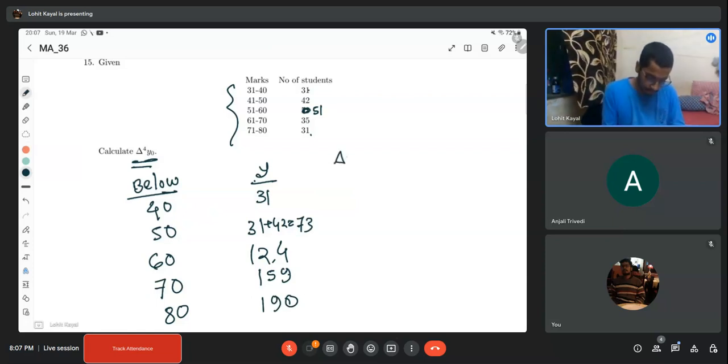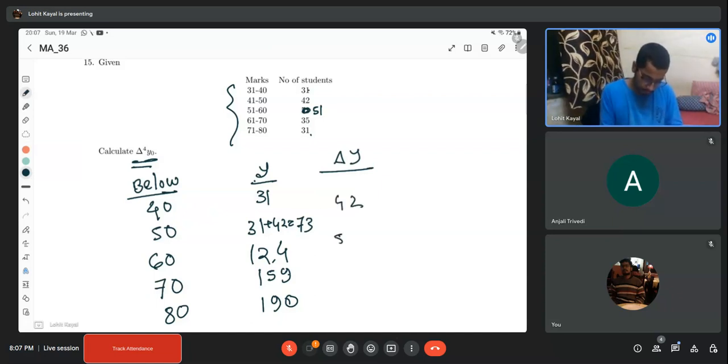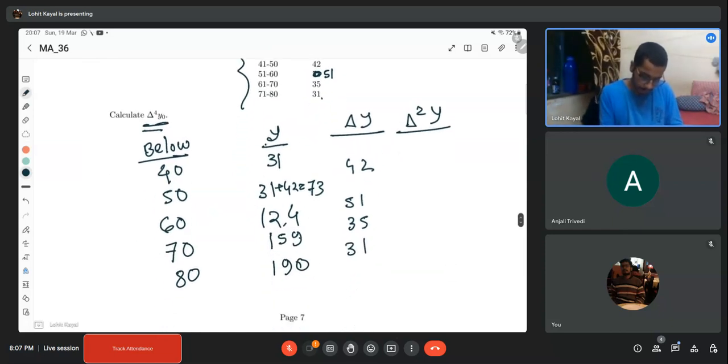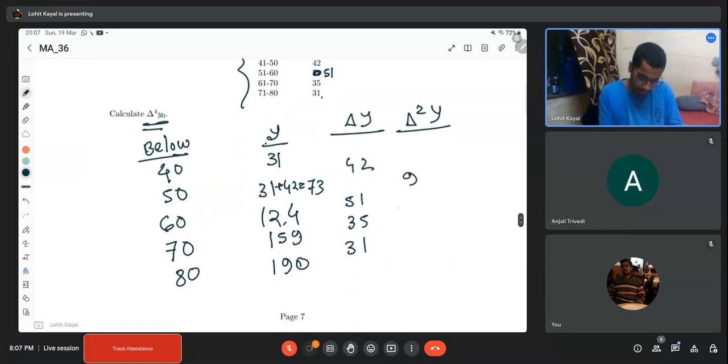Now delta y, so I think this idea is clear. So delta y is 42, 51, 35 and 31. Delta square y is 9, minus 16, minus 4.